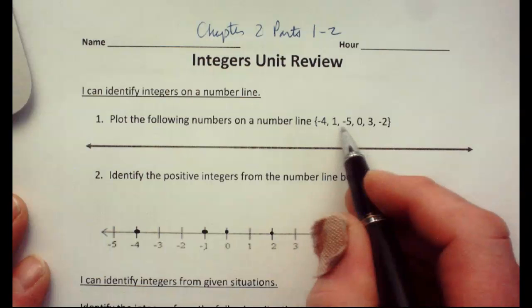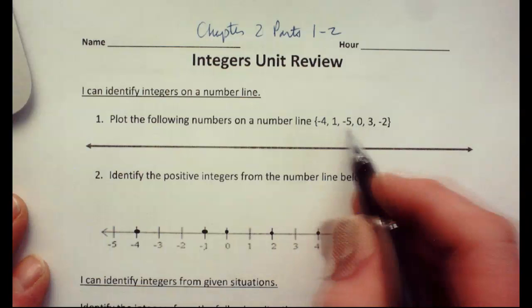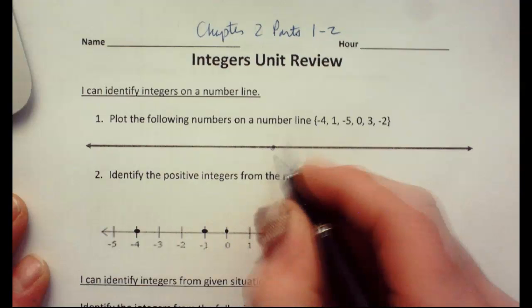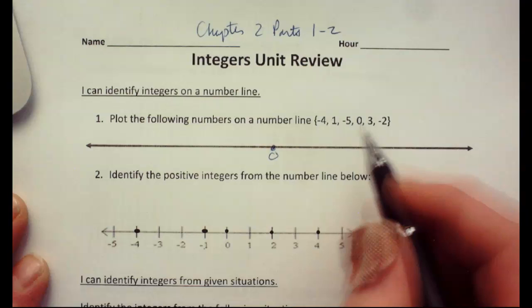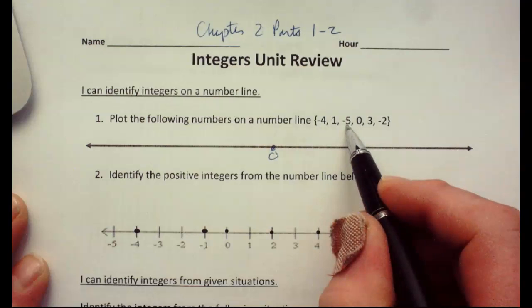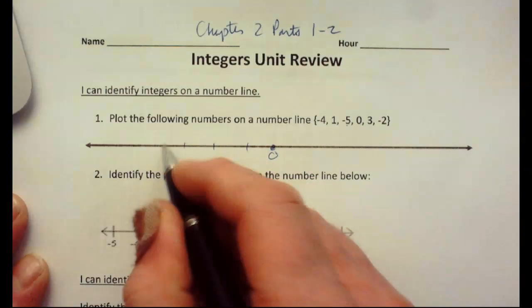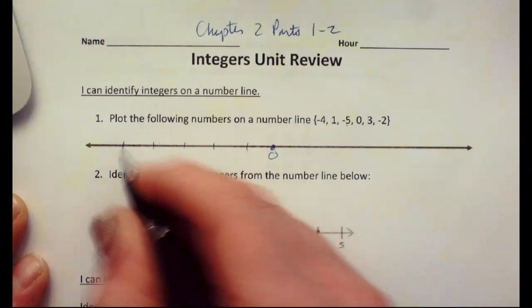-4, 1, -5, 0. So it looks like we're going to go from, let's just get 0 in the middle here. And then we have a range of -5 on one end. So here would be 1, 2, 3, 4, 5. So this would be -5.